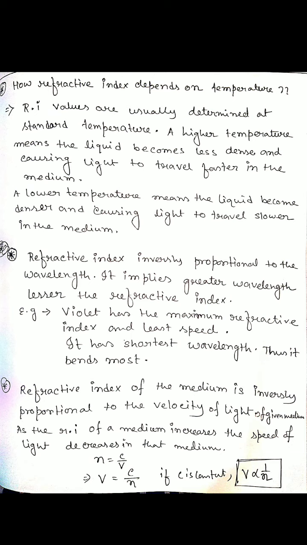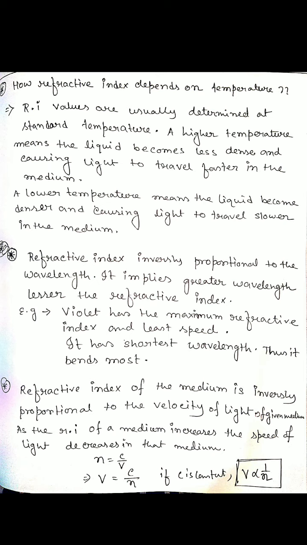Now refractive index depends on the wavelength. It is inversely proportional, which implies that the greater the wavelength, the lesser the refractive index. We know that V in VIBGYOR is written at the bottom because it has the shortest wavelength, that's why it bends most. Because of the inverse proportion, if wavelength is short, refractive index is more, and if wavelength is more, refractive index is less.